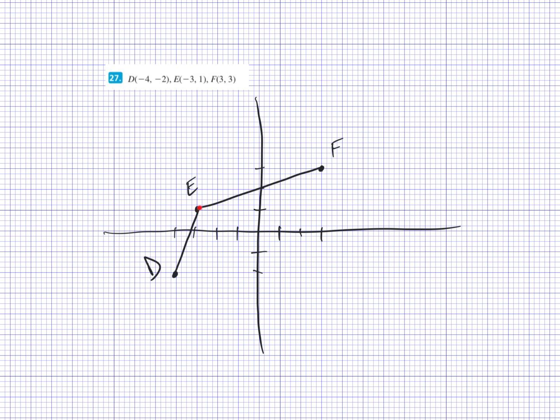So we use the slope from E to F to match to going from D to G. So E to F, the slope is up 1, 2, and over 1, 2, 3, 4, 5, 6. So from D, we're going to go up 2, and over 6. So there is G at 2, 0.